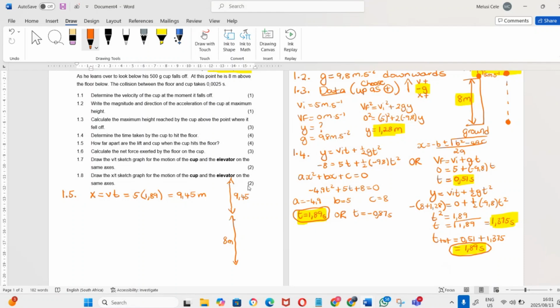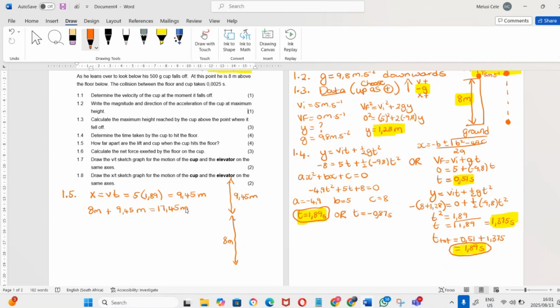And so if we add those two numbers, the 8 meters plus the 9.45 meters, we get 17.45 meters. That's pretty much how you will do that.